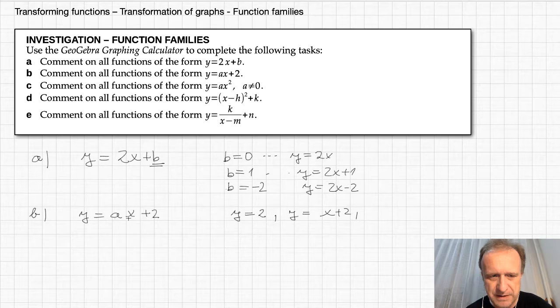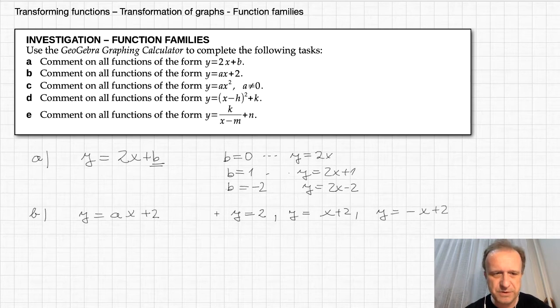Or when a is negative 1, we can have y equals minus x plus 2. So you see, there is always plus 2 in the function, but what differs is the coefficient in front of x, and this makes a lot of functions which we can think about.